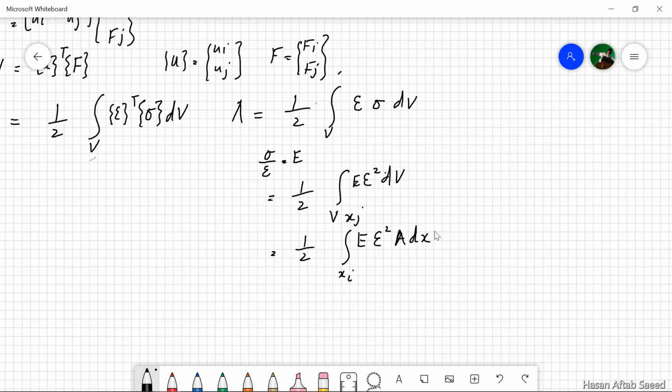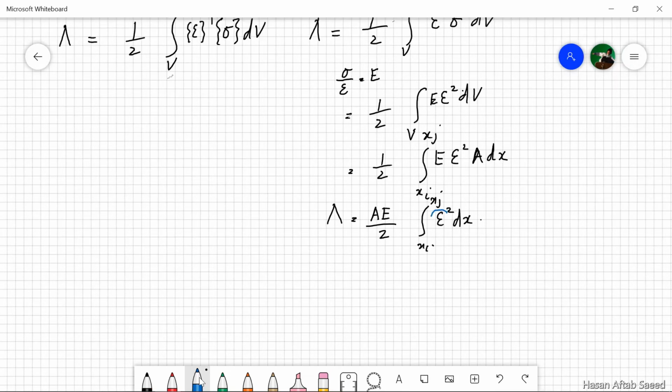Now A and E are constants, they can be taken out, AE over 2, and we are left with this expression for strain energy. Now we need to substitute this epsilon.